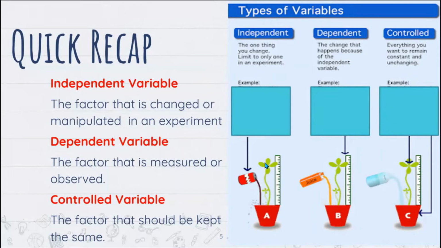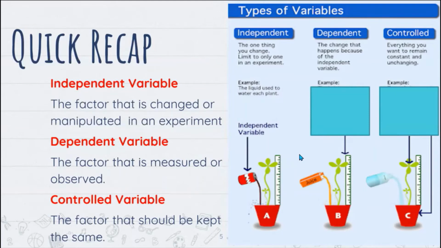We have the same plants, we are going to measure them, but we will use different substances. So obviously, this is our independent variable, the kind of liquid or substance that will be used on each plant. That is the one factor that we manipulate.